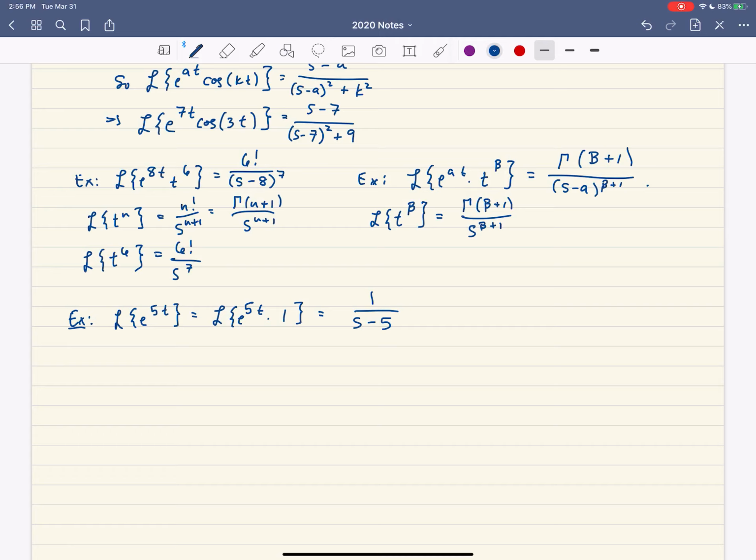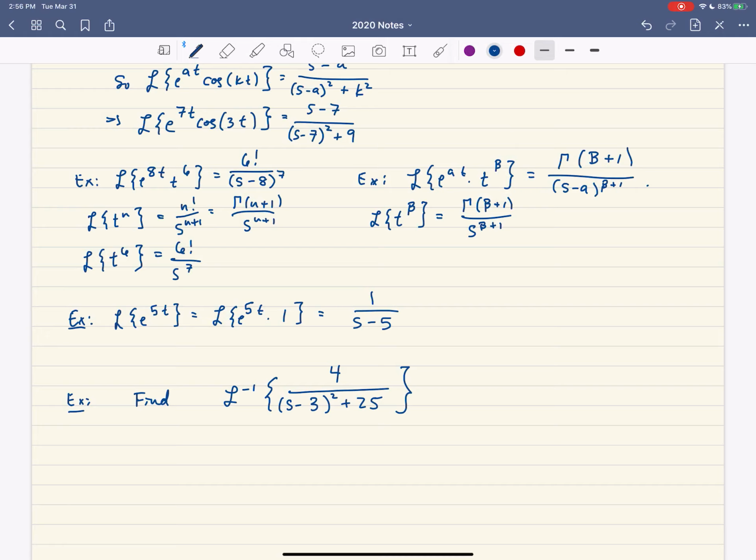exponentials. The last thing I want to just talk about real quick is, let's evaluate the inverse Laplace transform of, say, 4 over s minus 3 squared plus 25. So what I want to do is think about what is the inverse Laplace transform of this quantity.